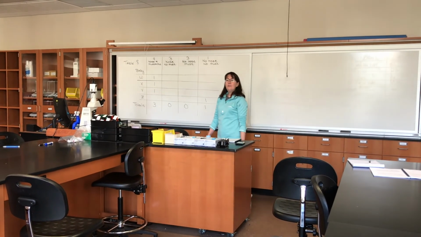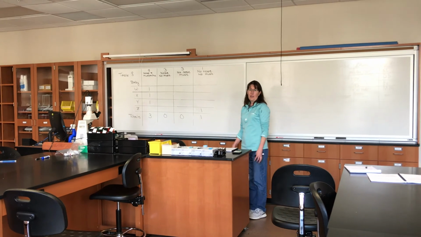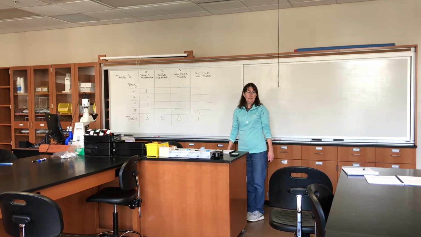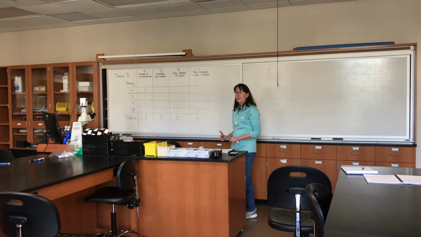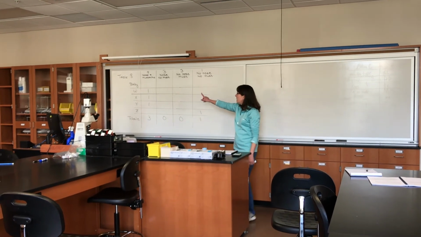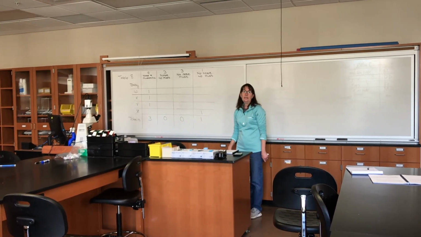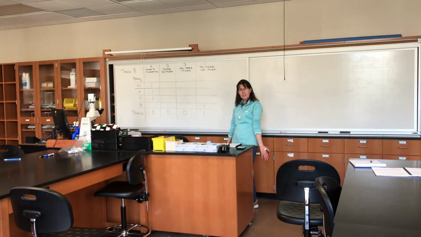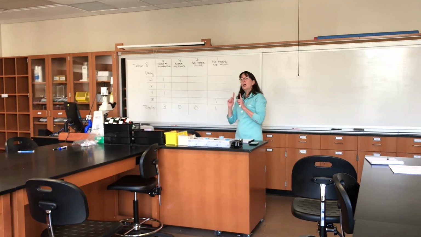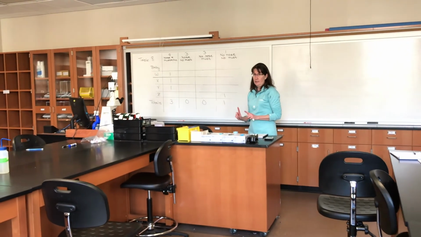So we're going to fill out our last table in our lab manual, table 8. In this example, we are going to use our babies W, X, Y, and Z, our grandbabies. They were our F2 generation.